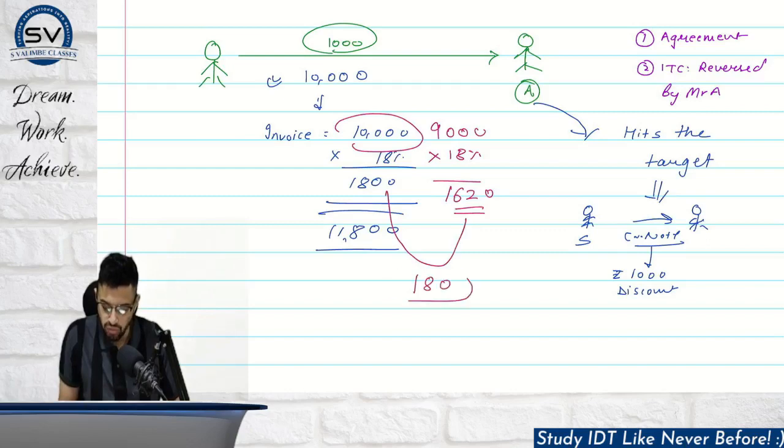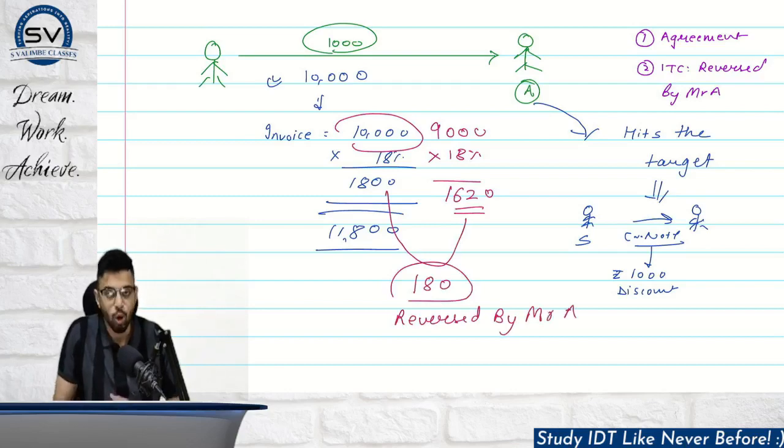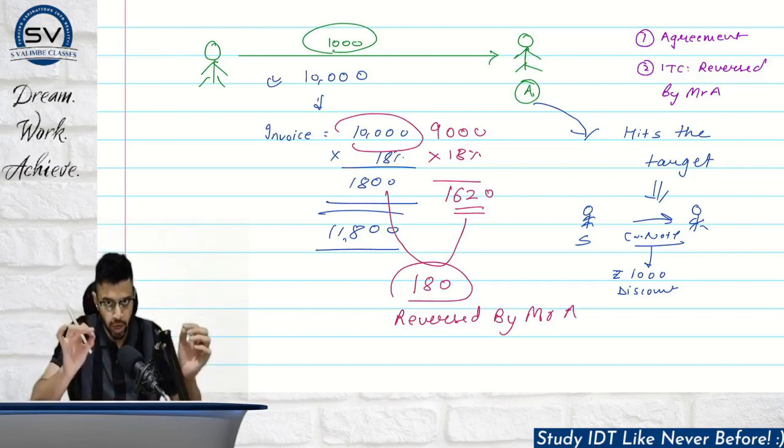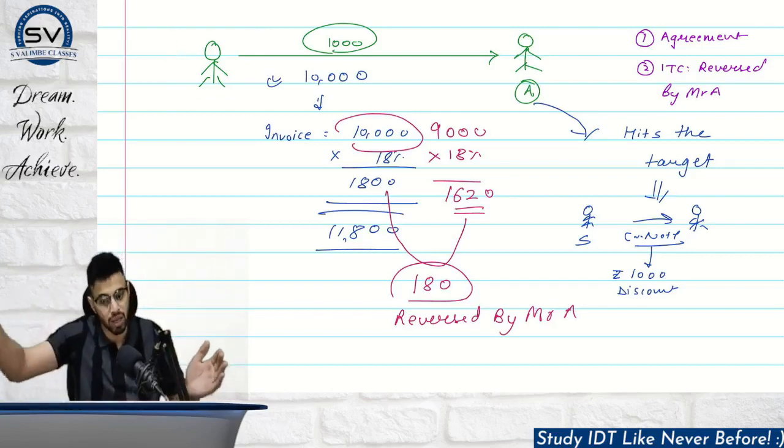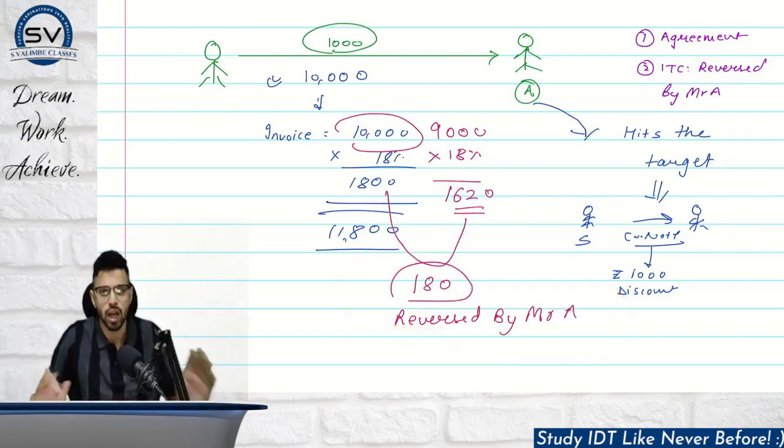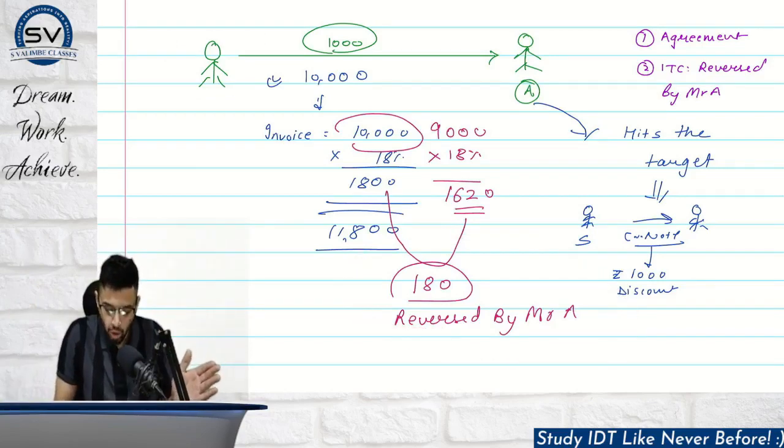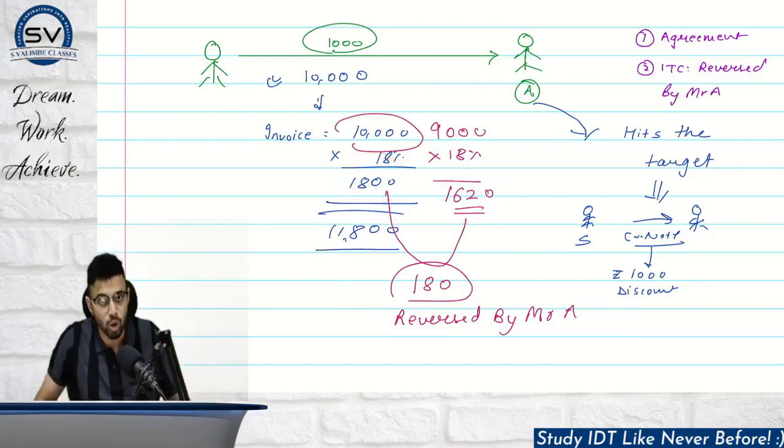So the difference of 180 needs to be reversed by Mr. A. Because on one hand, the government will allow me to reduce my supply with respect to the credit note, and obviously the GST portion will be reduced. But on the other hand, ITC also has to be reduced. The government will not allow ITC of 1800 and allow the reduction to the supplier. That will be a loss for the government.